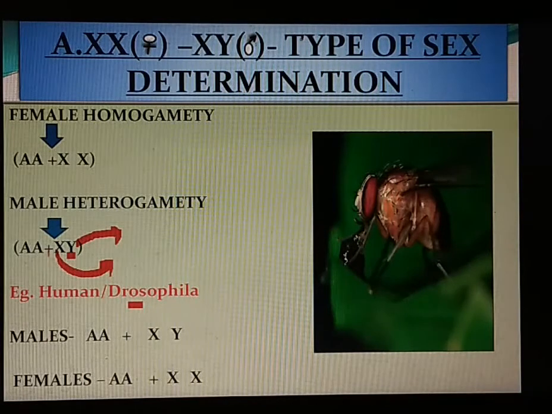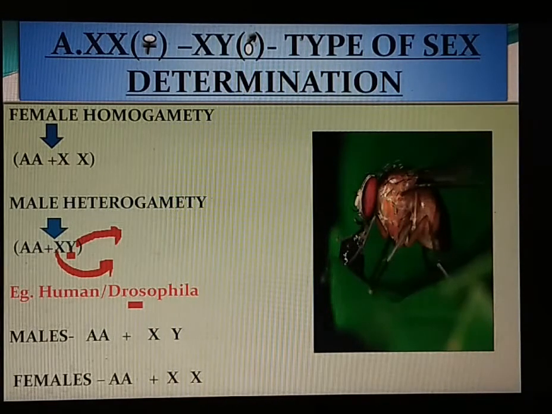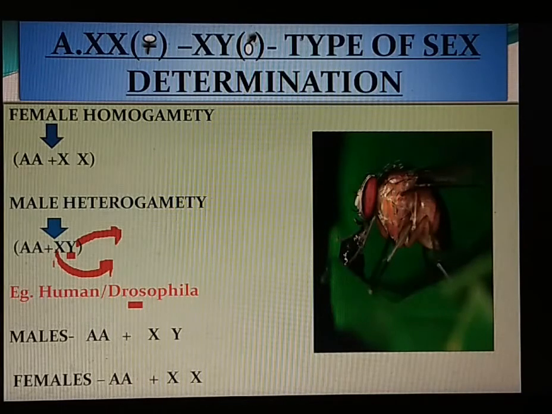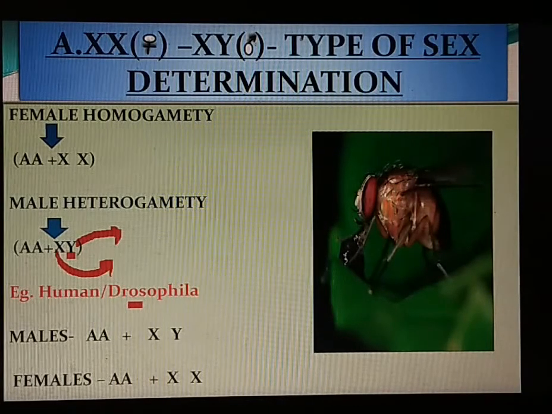Okay, so X is larger than the Y chromosome, and since there are two types of gametes formed here, one will have the X chromosome and the other gamete will have the Y chromosome.